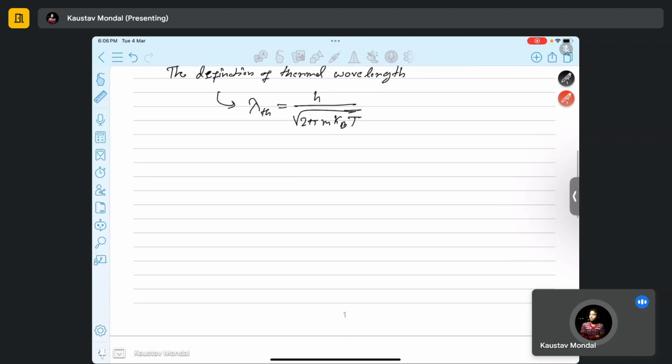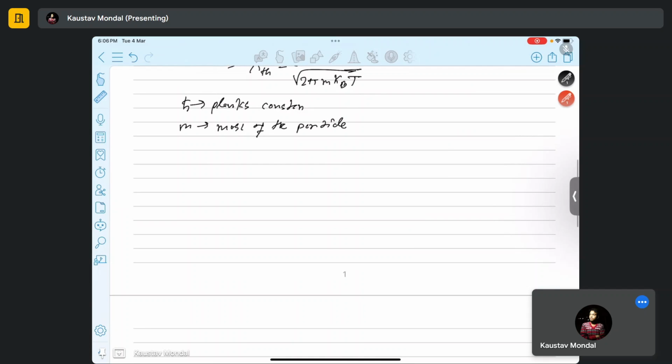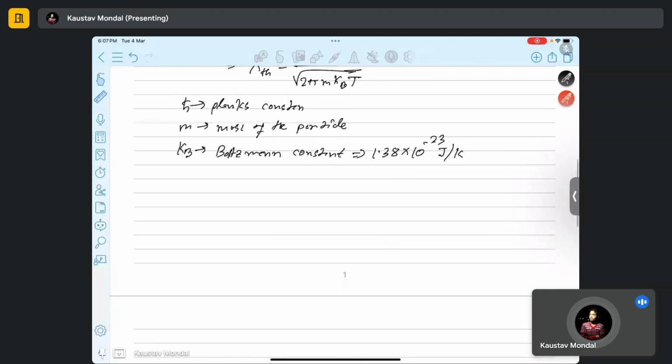Here h cut is Planck's constant, m is the mass of the particle, kB is the Boltzmann constant, whose value you already know, 1.381 into 10 to the power minus 23 joule per Kelvin, and T is the absolute temperature, which should be in Kelvin.